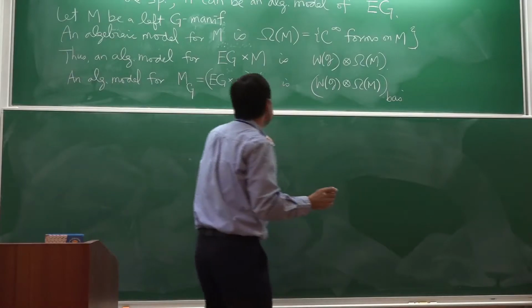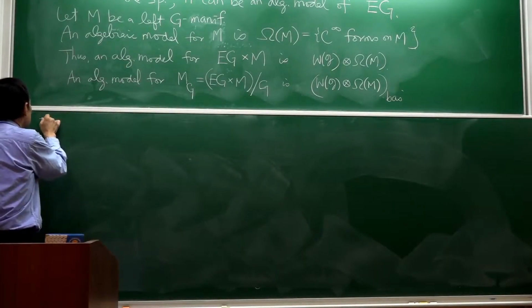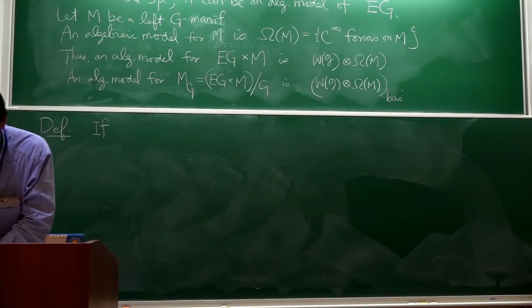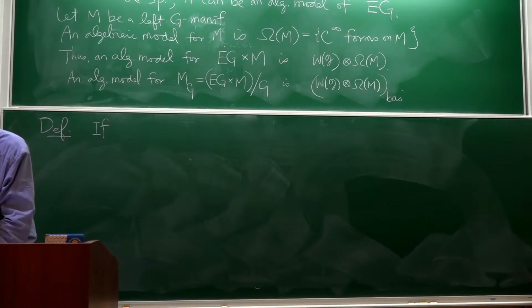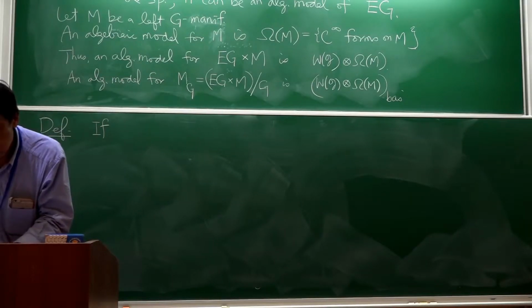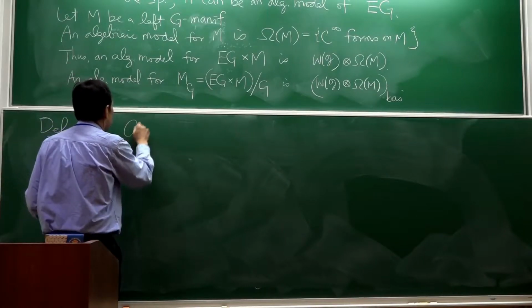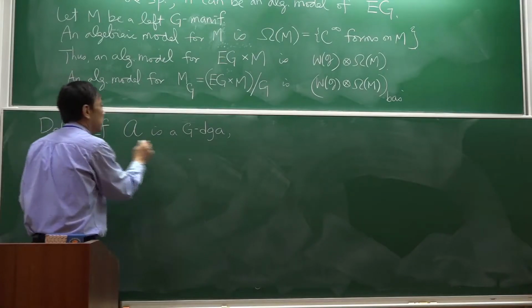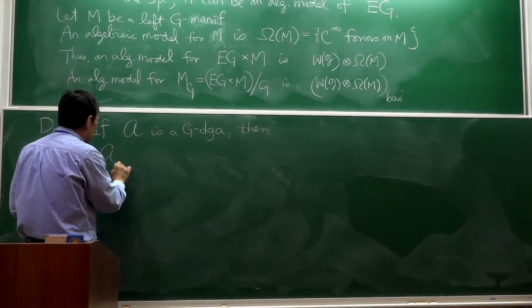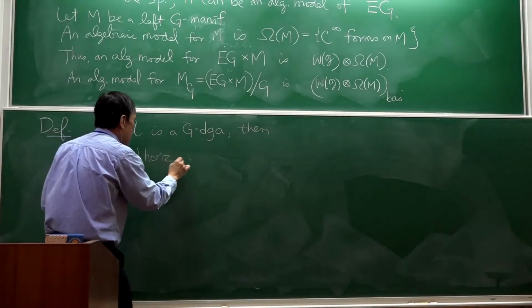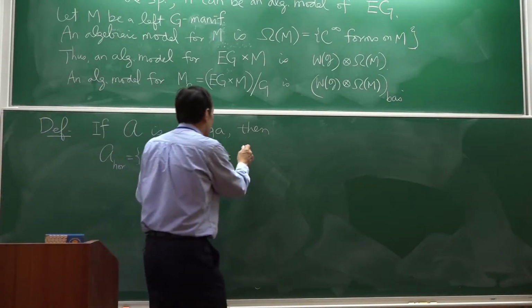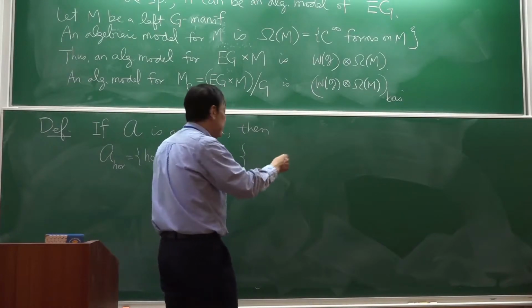Now, well, let me make a definition. Let's say if script A is a G differential graded algebra, okay, then the horizontal elements are defined to be the elements such that IA is 0, right?